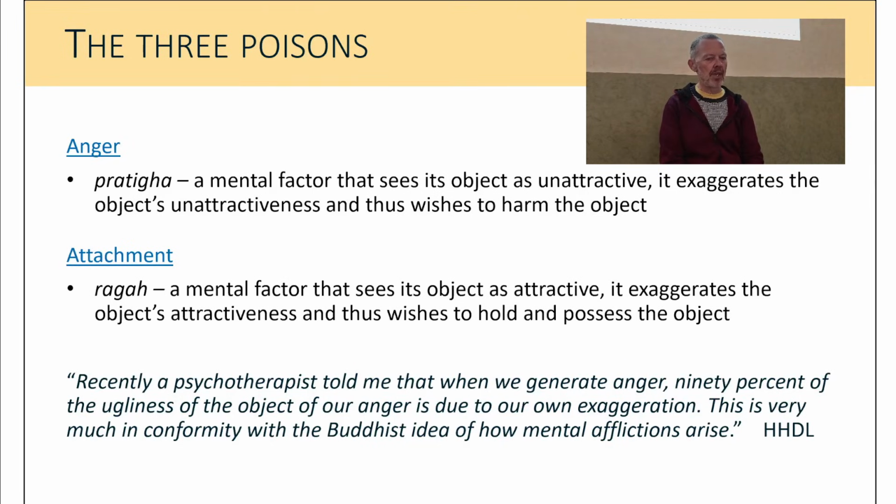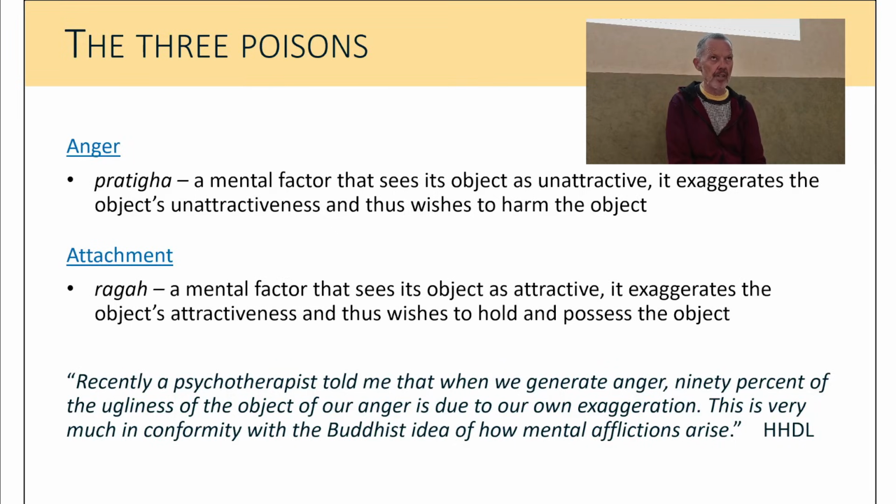And this is something also commonly understood within psychology. In fact, I've got a quote here from one book from His Holiness the Dalai Lama where he says, "Recently, a psychotherapist told me that when we generate anger, 90% of the ugliness of the object of our anger is due to our own exaggeration. This is very much in conformity with the Buddhist idea of how mental afflictions arise."